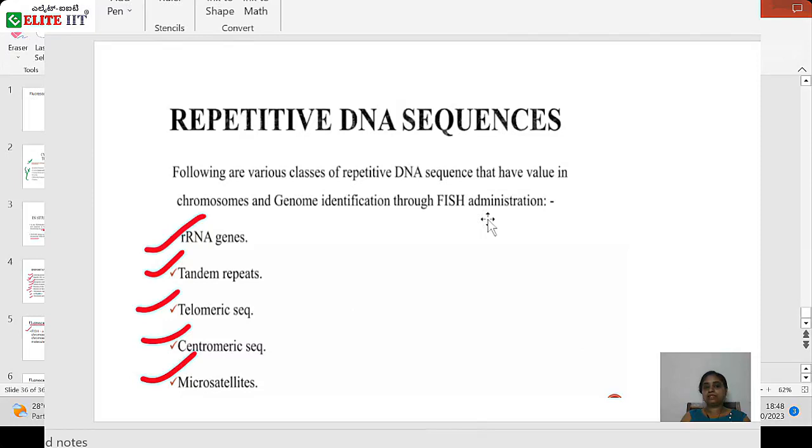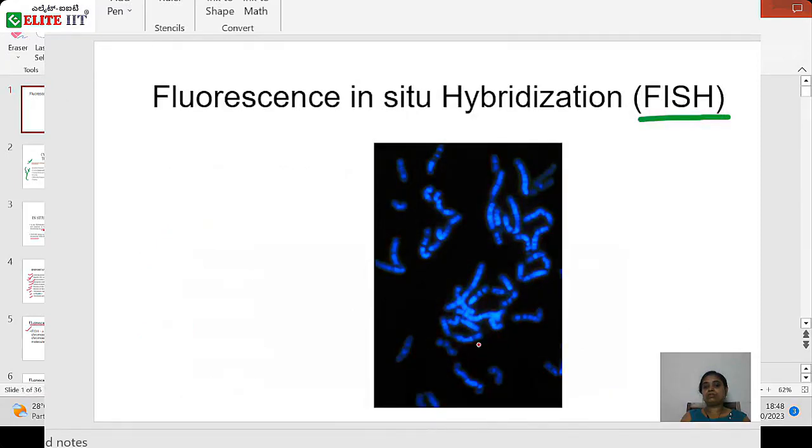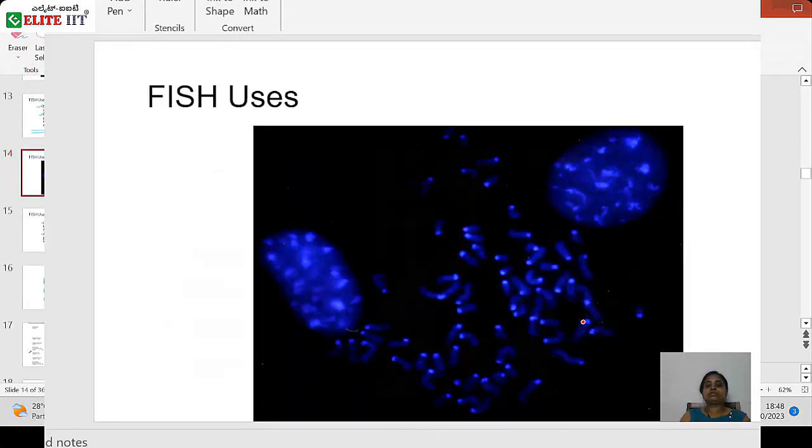Remember it. For FISH, we are focusing on staining, or you can consider fluorescent staining, in the chromosome. So visualizing the chromosome, these are all the chromosomal structures. Chromosomes are visualized. This is also a chromosomal picture.